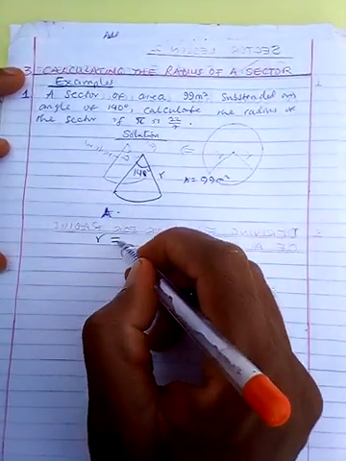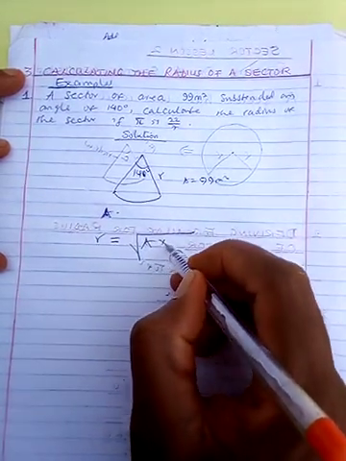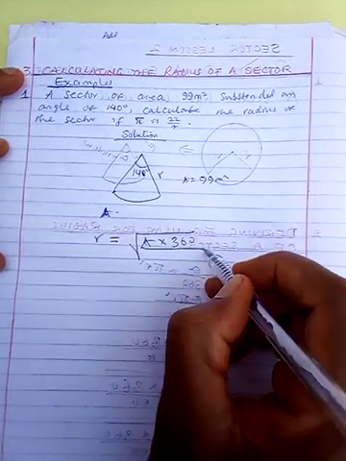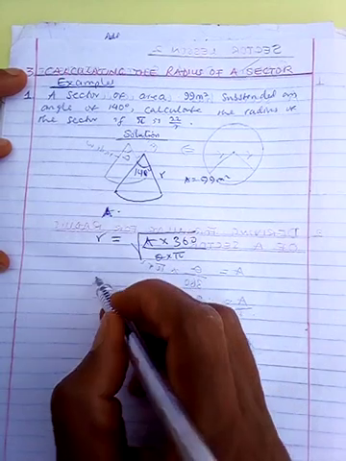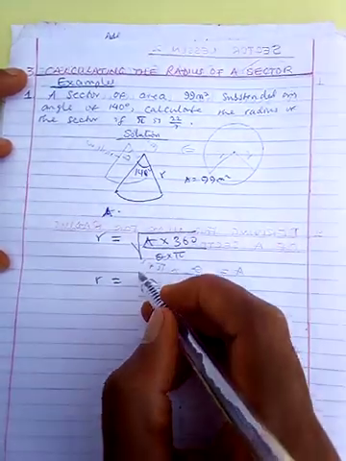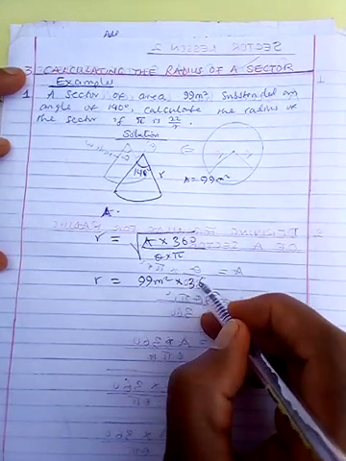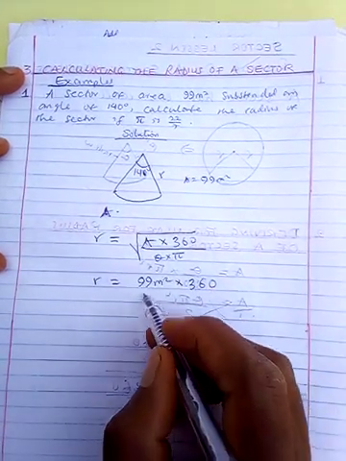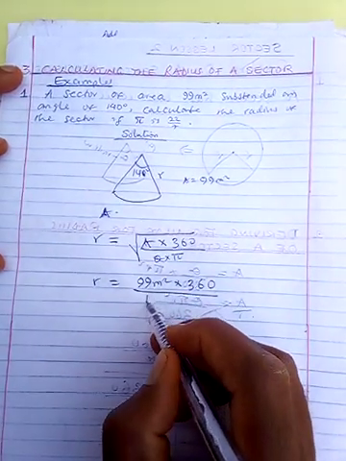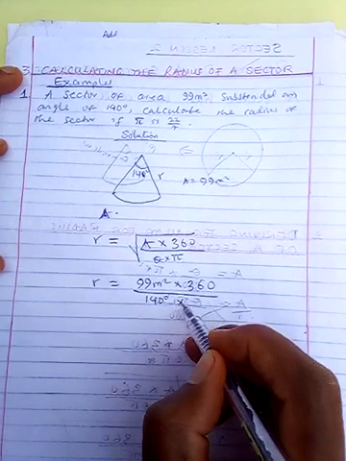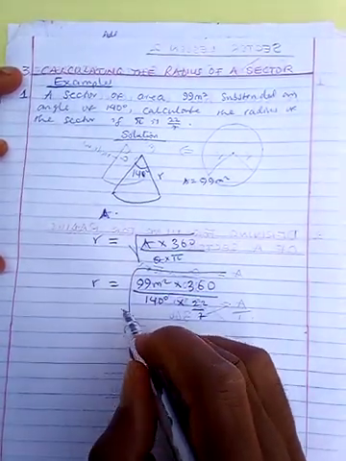So the radius, from what we just did, is the square root of area times 360 over theta times pi. Our area is 99 meters squared multiplied by 360, all over theta, that is the angle subtended by the sector, 140 degrees, multiplied by pi, which is 22 over 7, and then you square root everything.